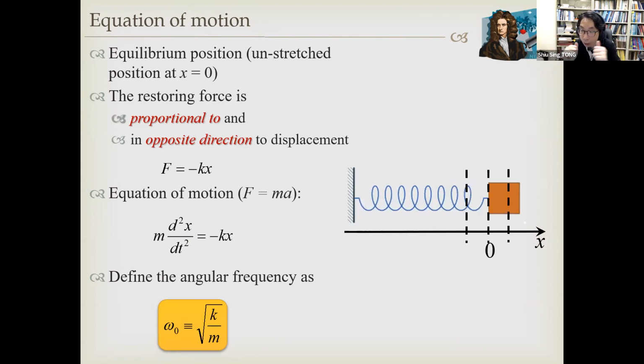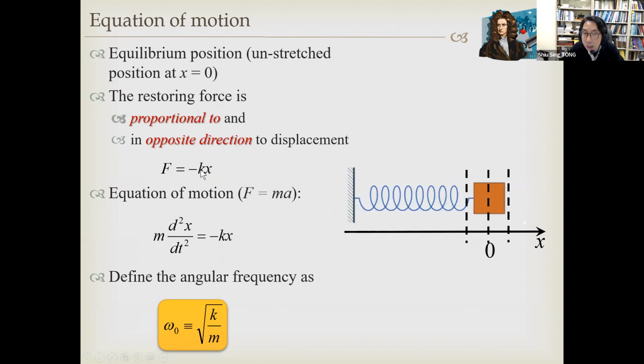Because we count the displacement of the block from its equilibrium position, the extension of the spring is equal to the displacement of the block. So the force is proportional to x, and the proportionality constant is k.